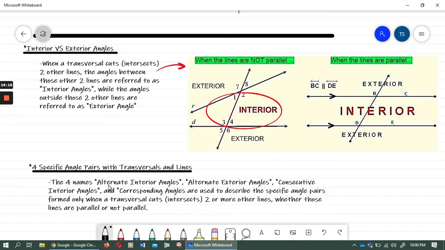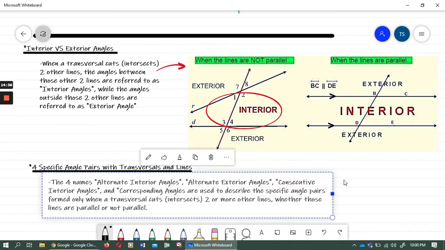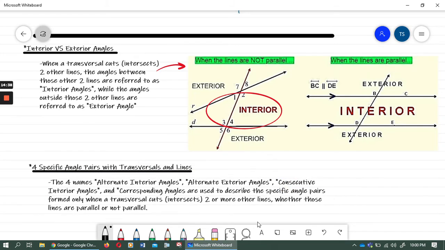So guys, we're about to go into detail as far as what those four names even mean. Like, what does the word alternate stand for when we see alternate interior angles, or what does the word consecutive refer to?